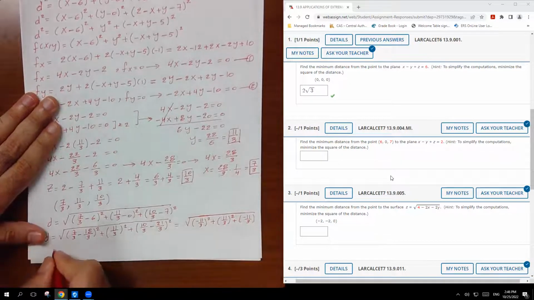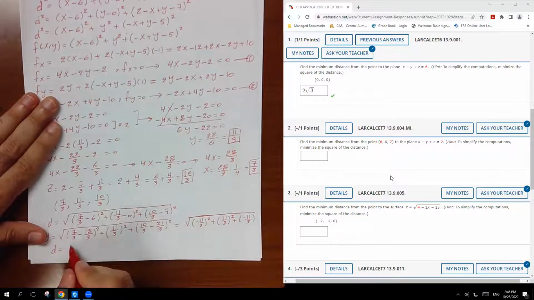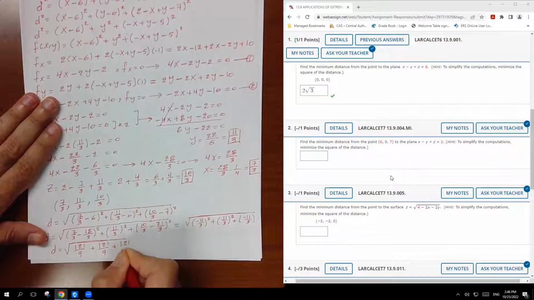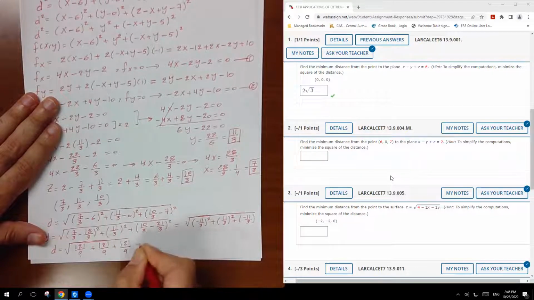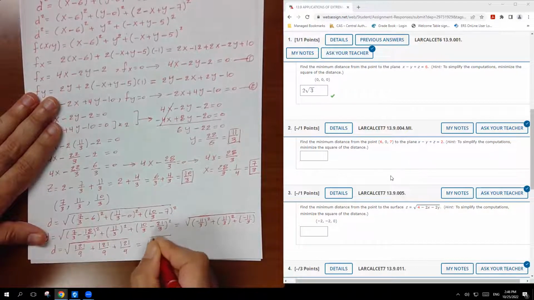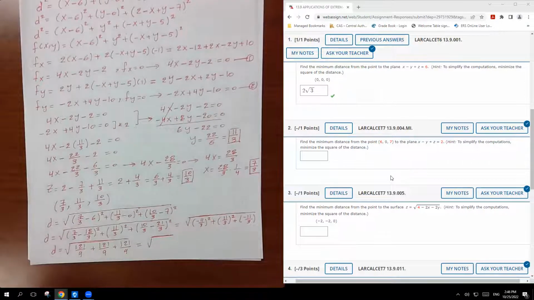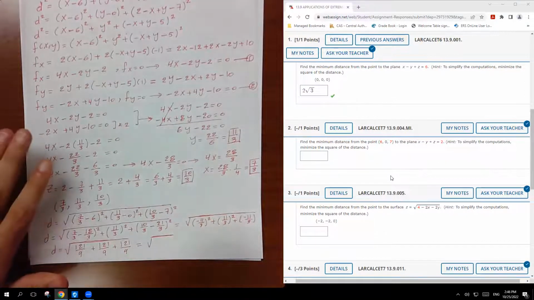And then the distance is going to be the square root of 121 over 9 plus 121 over 9 plus 121 over 9, which is equal to the square root of 121 plus 121 plus 121, which is 363, divided by 9.